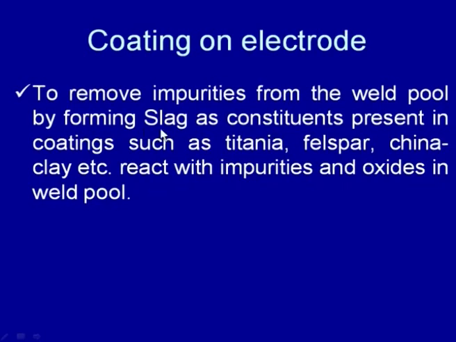So, it tends to decrease the rate of cooling experienced by the weld metal during the welding. So, this is another role performed by the slag cover formed during the shielded metal arc welding process. So, you can say that one important role of the coating material is to remove the impurities being formed in the weld pool by forming the slag.